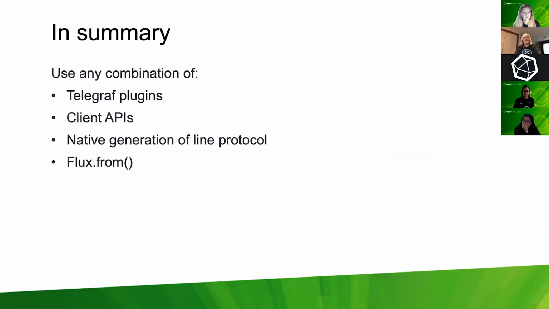So in summary, I hope I've given you a good understanding of the choices that you have to pull your data in so that you can start deriving the most value from that data.